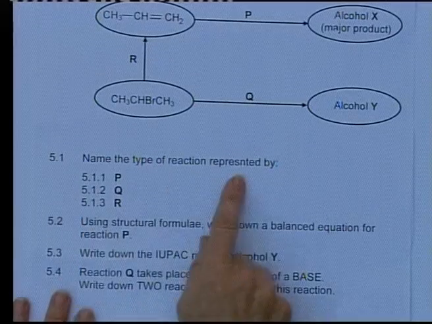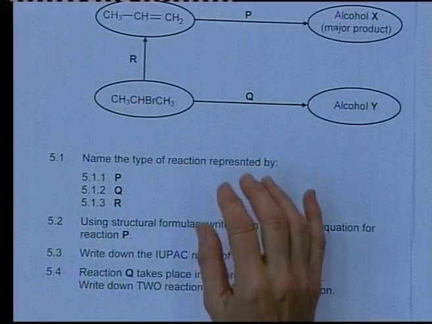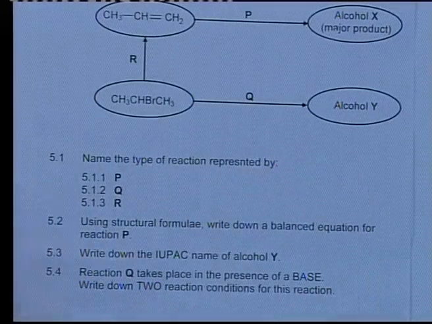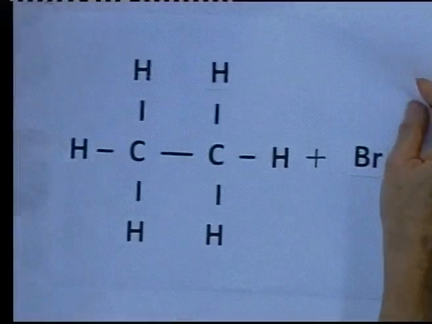Look, you also get stuff like combustion, but that is not what we're going to look at today. That is another day. But today we are going to look at these 3 reactions because they are the ones that are involved in this case. Because you can see in question number 5, they ask us for the types of the reactions represented by P, Q, and R. But I am going to explain to you what we've got here.